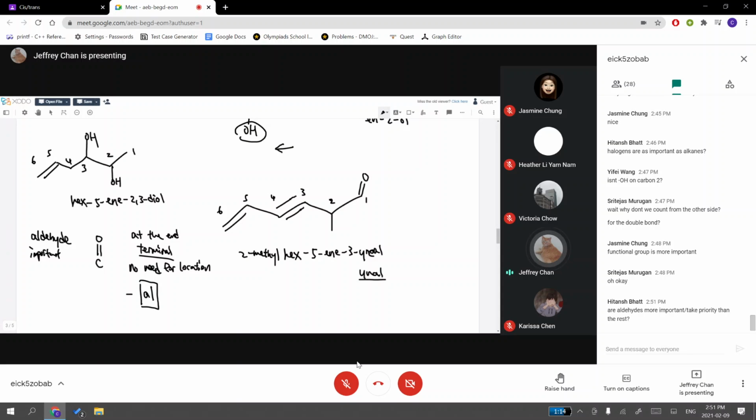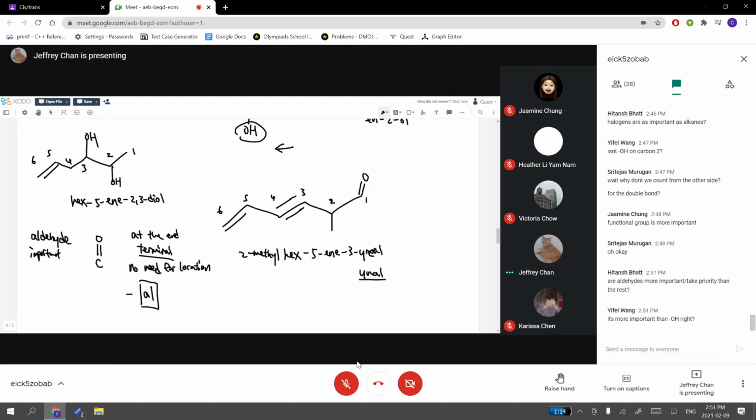Are aldehydes more important than the rest? That's where Bob comes in. So when you have multiple functional groups, that's where you're going to use Bob. That's where Victoria is at. So she's a bit ahead because she's now on to what is called multifunctional groups. So here you just have one functional group.